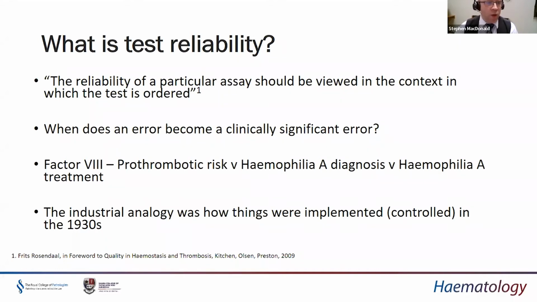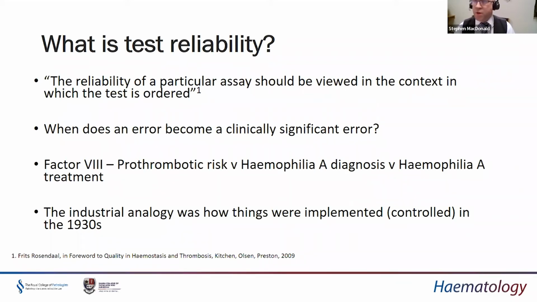A good example, again, is from Fritz Rosendahl, who's one of the real powerhouses in hemostasis and thrombosis and has been for a number of decades, based in Leiden in the Netherlands. He likened it to measuring a simple factor VIII in a hemostasis laboratory, which can be used in a lot of different scenarios. It can be used if it's at a very high level.